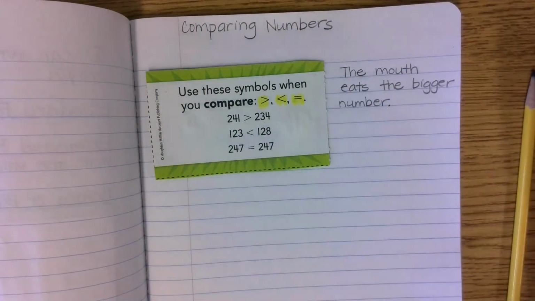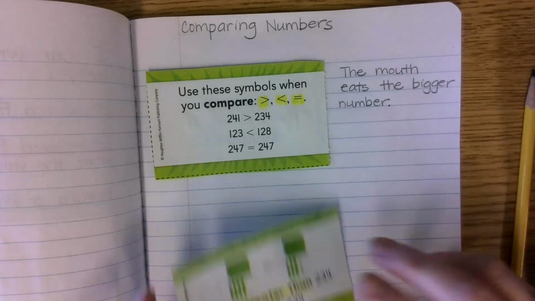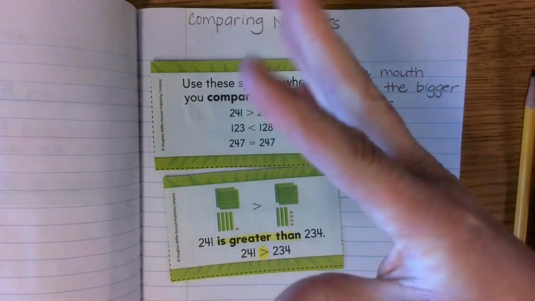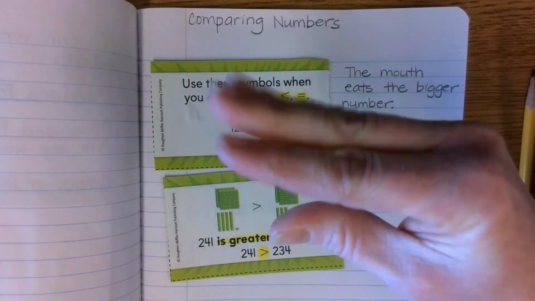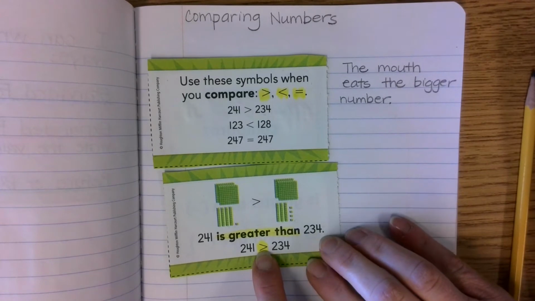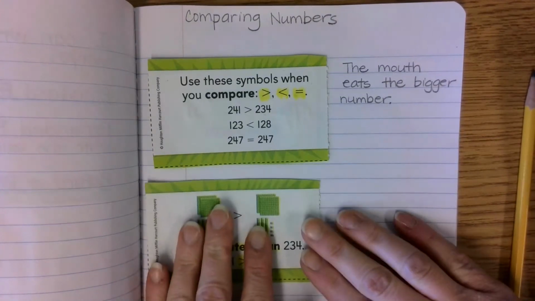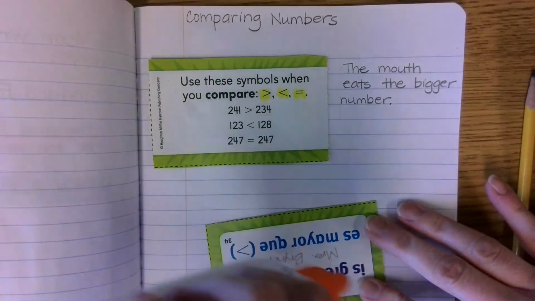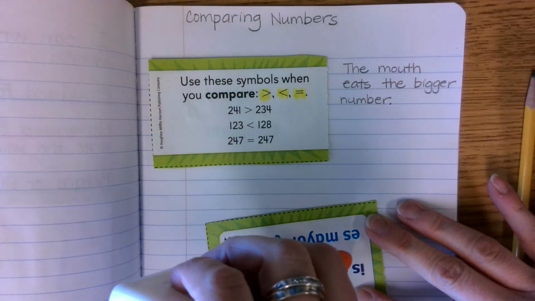So next, we talked about is greater than. Remember, that's when our alligator guy's mouth is opening this way. It's not making the L. It's opening this way. Is greater than. So this symbol always says is greater than. So go ahead and glue that guy in. Is greater than.